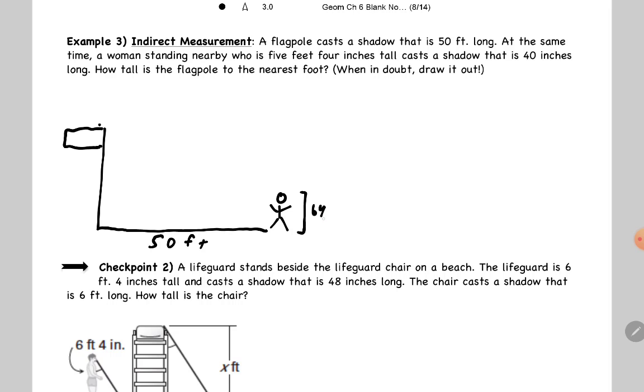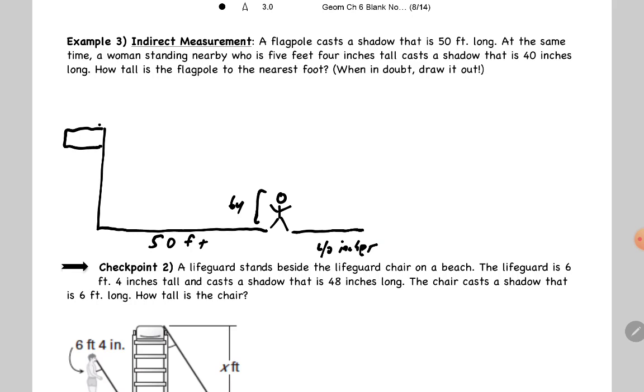And they cast a shadow that is 40 inches long. How tall is the flagpole to the nearest foot?